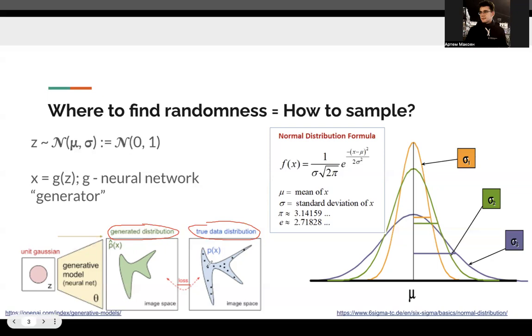Yeah, I would say that the generative model generates only one sample, not the whole distribution, but the sample is from this distribution. So we want our loss to make these distributions closer.